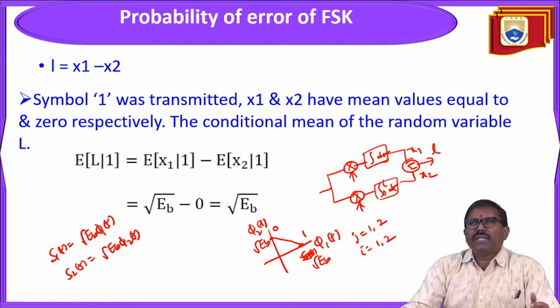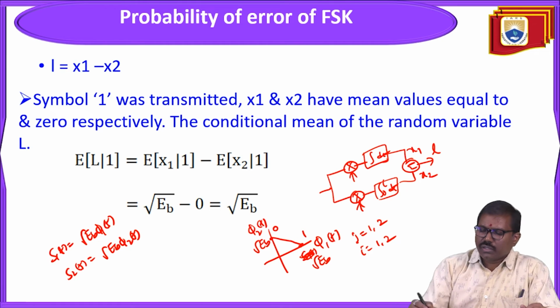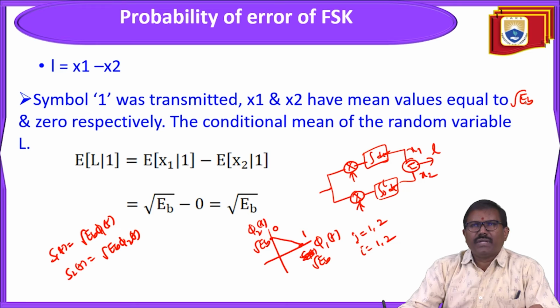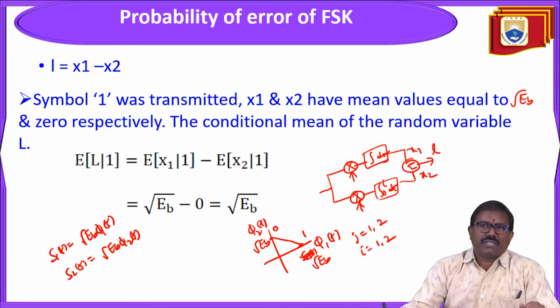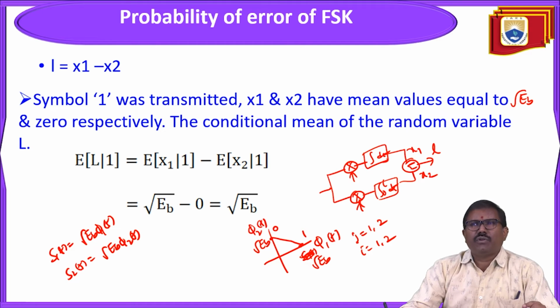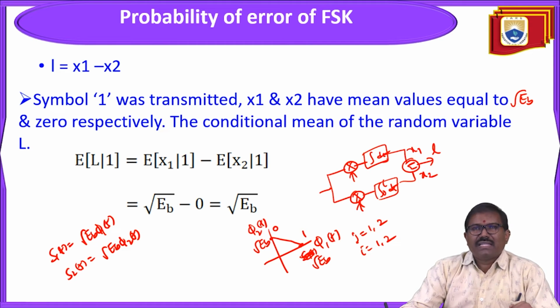Consider the conditional mean of the random variable L. The conditional mean expression, E of L conditioned on 1, is equal to E of x1 conditioned on 1 minus E of x2 conditioned on 1. If symbol 1 is transmitted, the value of x1 is root Eb and for x2 it is 0.